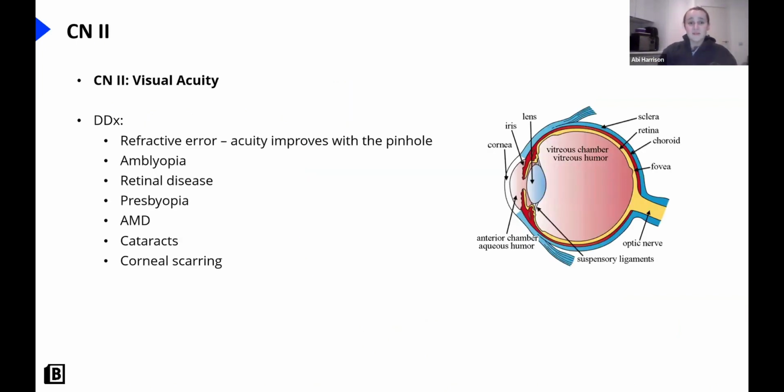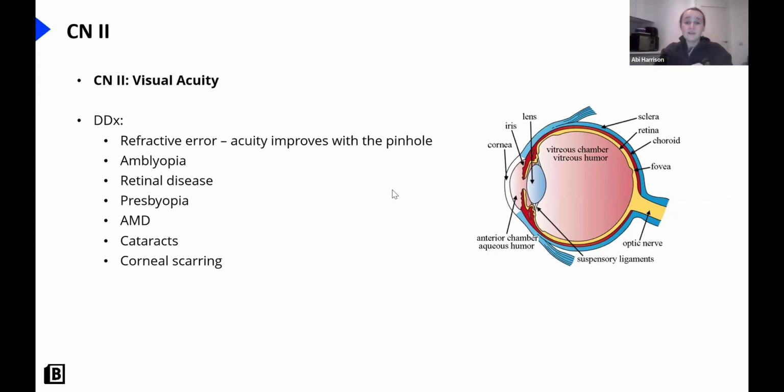So I've given some differentials for visual acuity. I think these are commonly more taught in ophthalmology, but it's quite important to be able to integrate your findings into the different systems. So the most common cause of reduced visual acuity is refractive error.